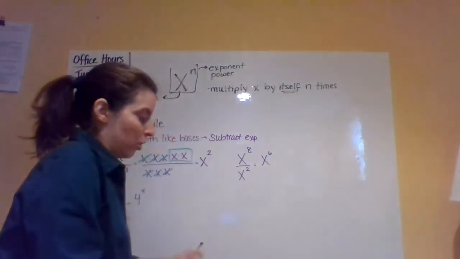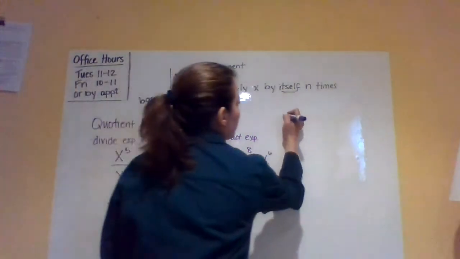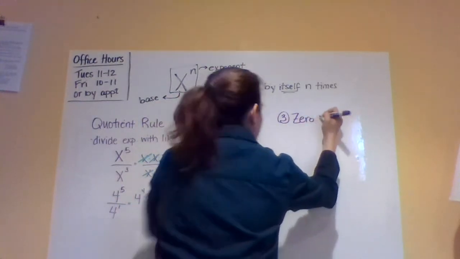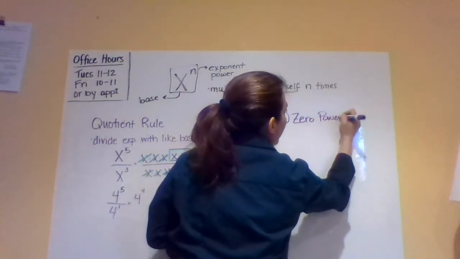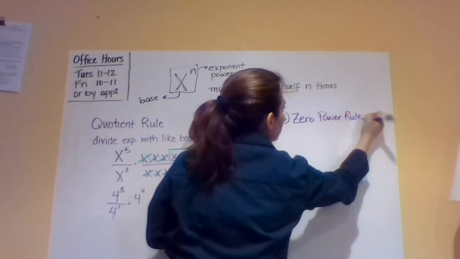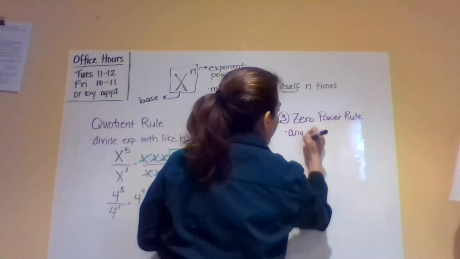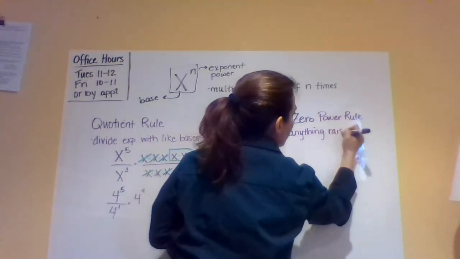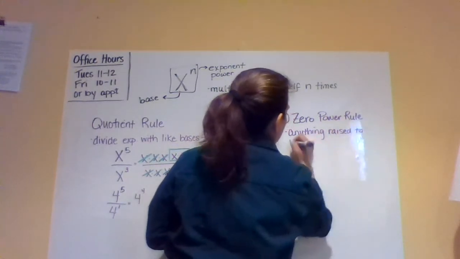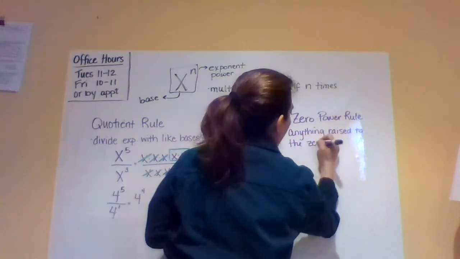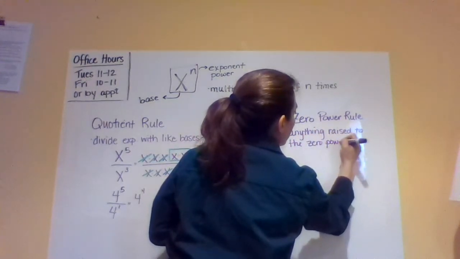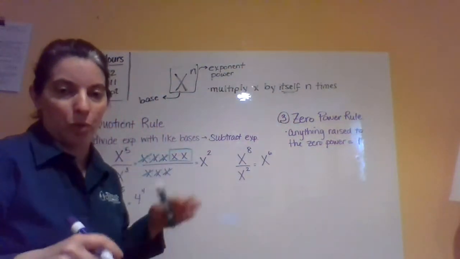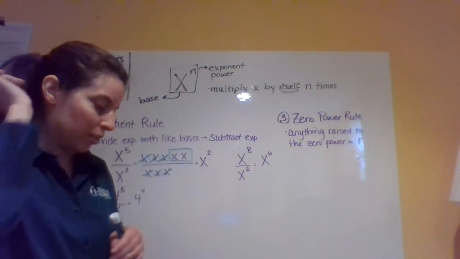Okay, the third rule is the 0 power rule. And this says that anything raised to the 0 power, or having an exponent of 0, is going to equal 1. Okay, it does not mean that the exponent equals 1, it means the entire expression is going to equal 1.